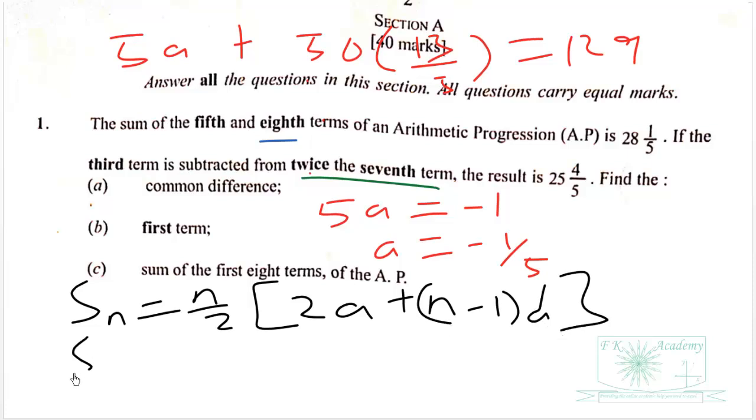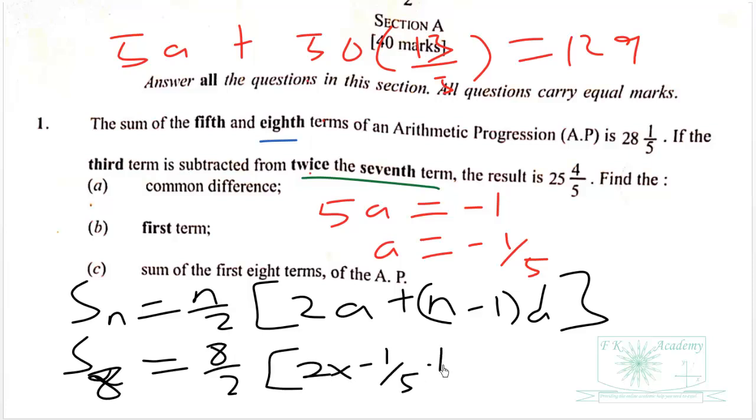So n is equal to 8, so the sum of the first 8 terms will be equal to 8 over 2 into bracket 2 times a plus 7 times 13 over 5. 7 is 8 minus 1, and when we simplify this, we should get 71.2. I know you can simplify that.